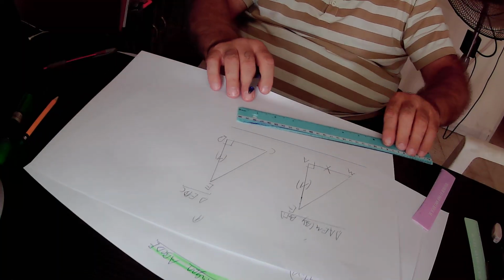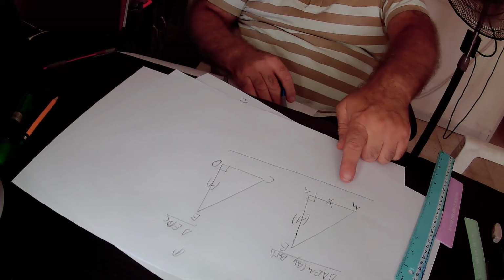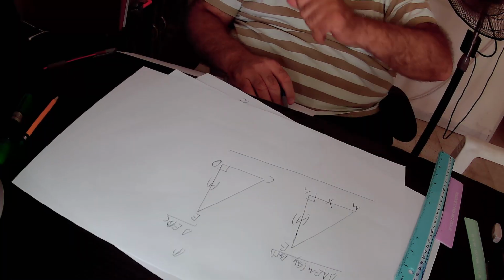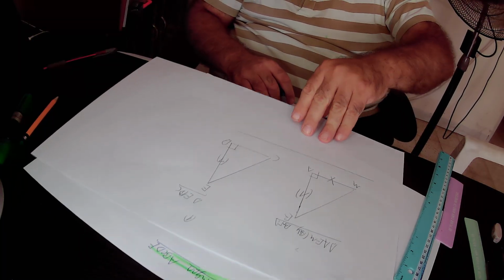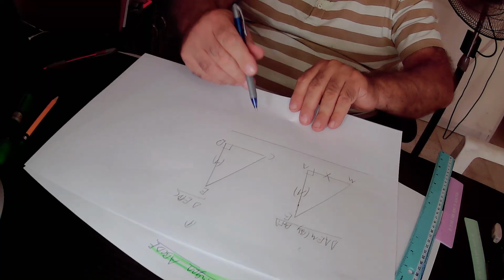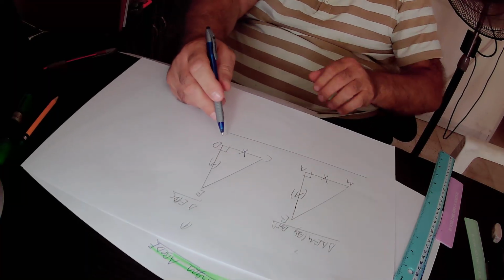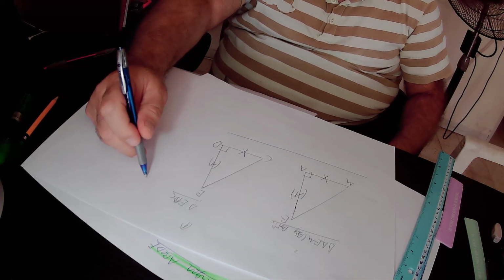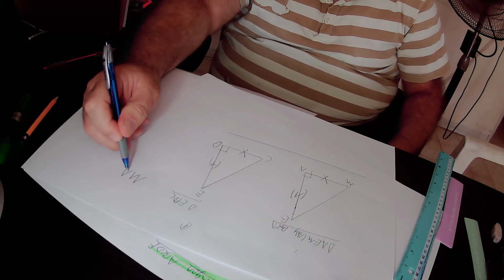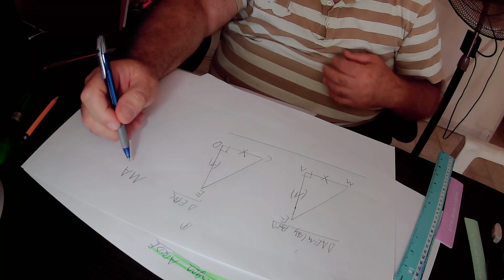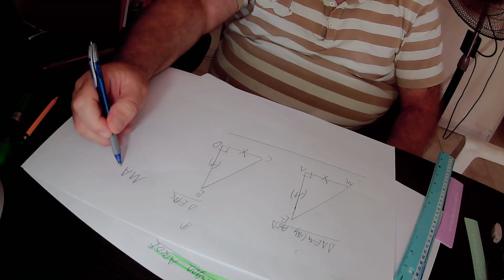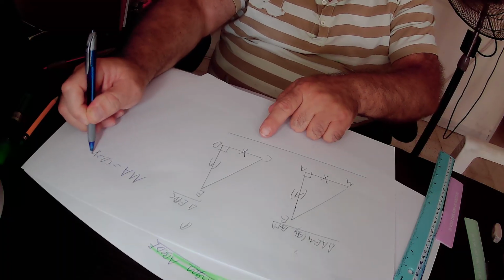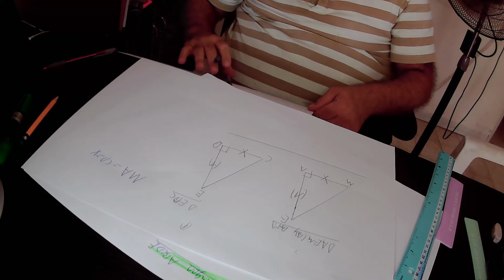First of all, side MA in the right triangle EAM equals side CD in the right triangle EDC. They are both equal to X and therefore they are equal to each other.